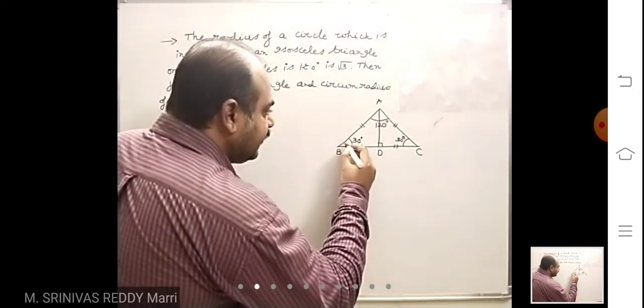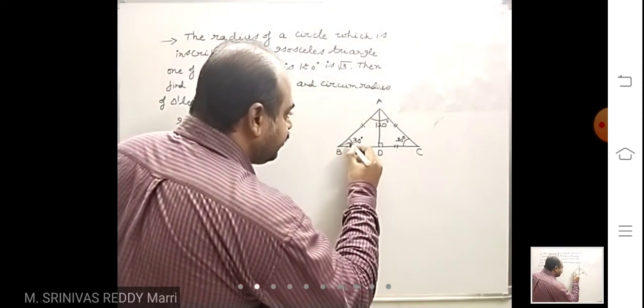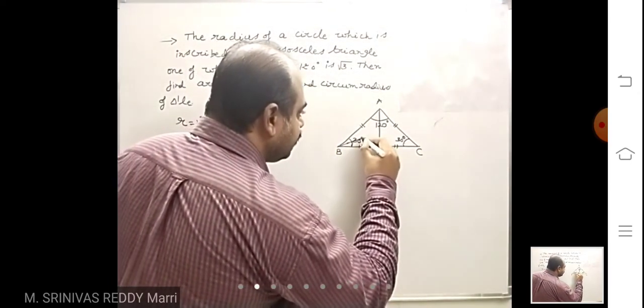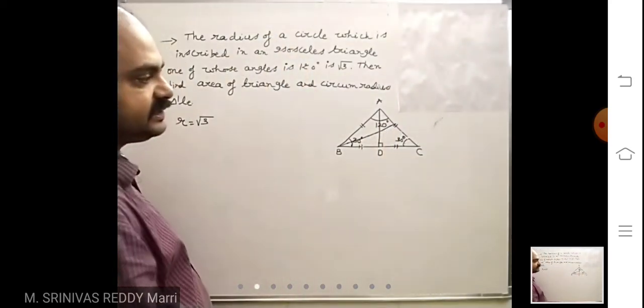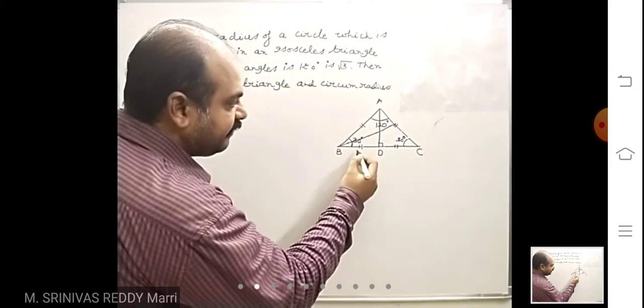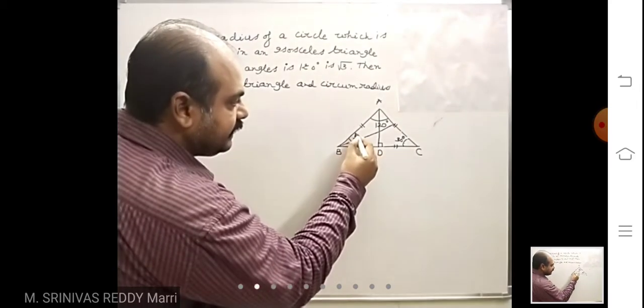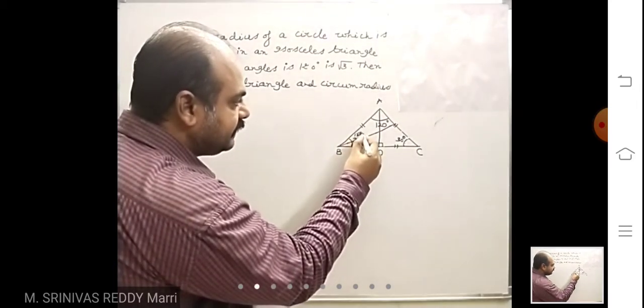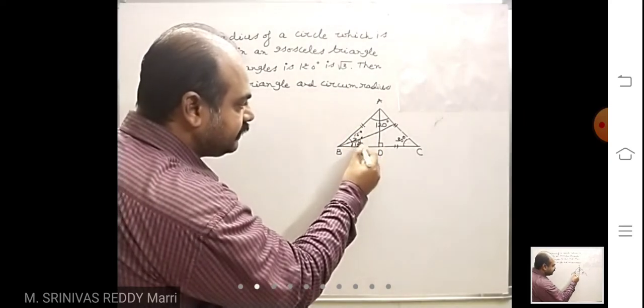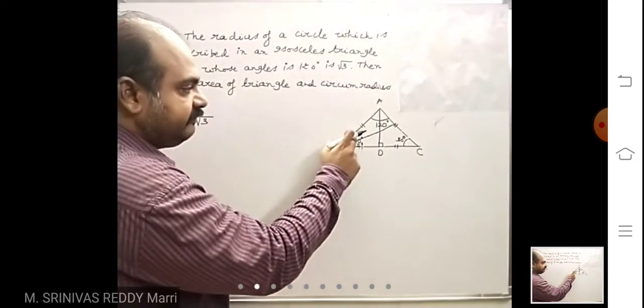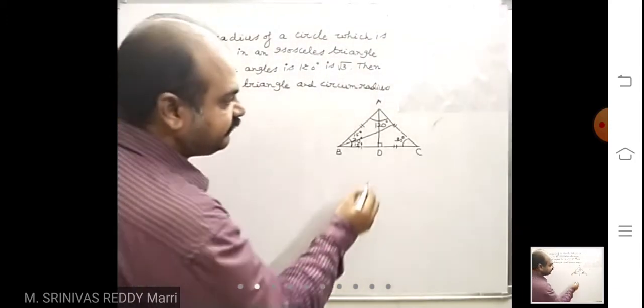Now, the angular bisector of angle B I am drawing. Look at the diagram. The angular bisector of angle B I have drawn. Now this angle will be 15 degrees, and this angle will be 15 degrees.